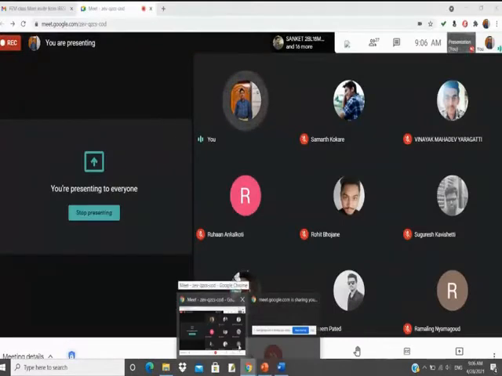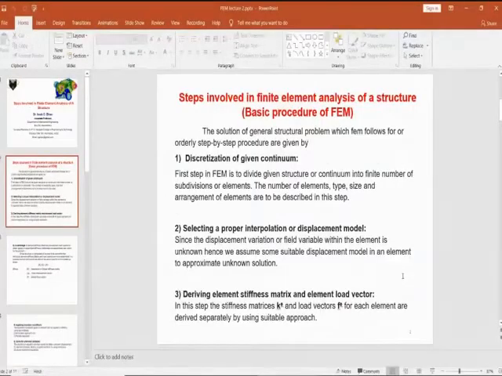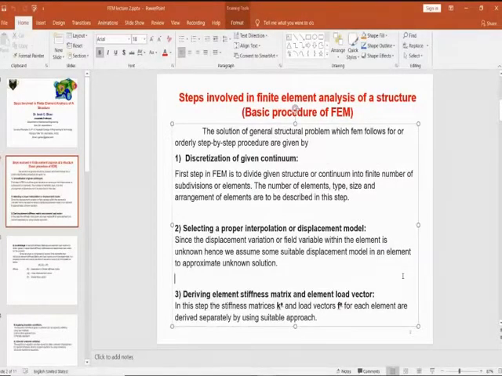We'll assume that the displacement is varying either linear, or it may be varying quadratic, or it may be varying like cubic, like that we'll assume. So that is called selecting a proper displacement model. Model means what? It is a displacement polynomial.